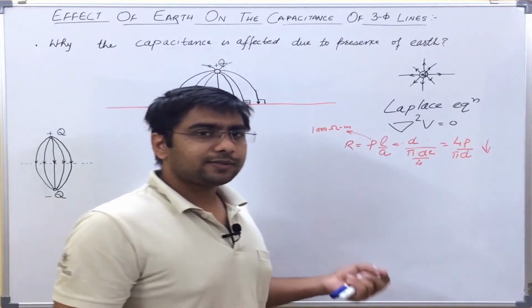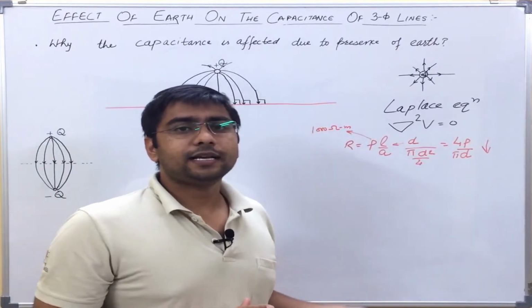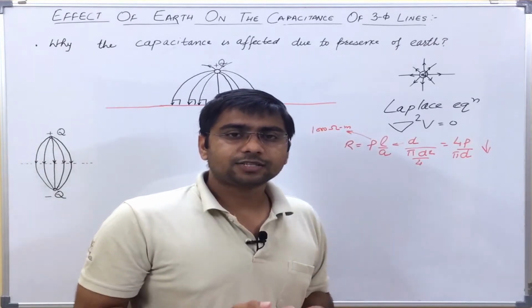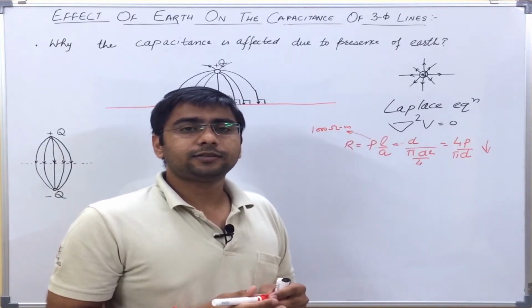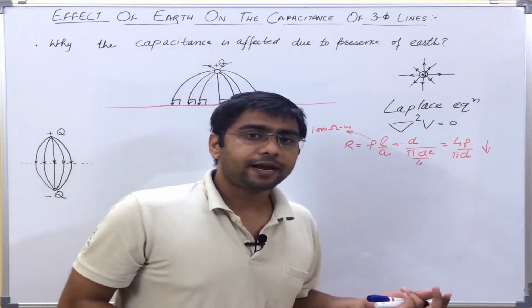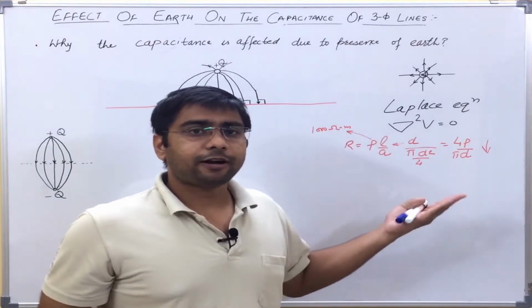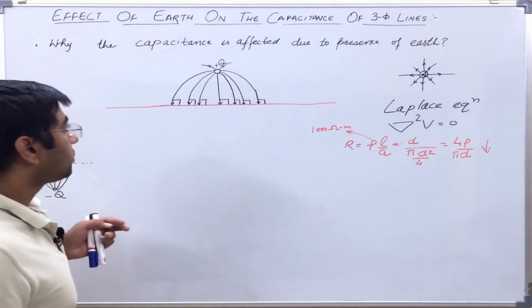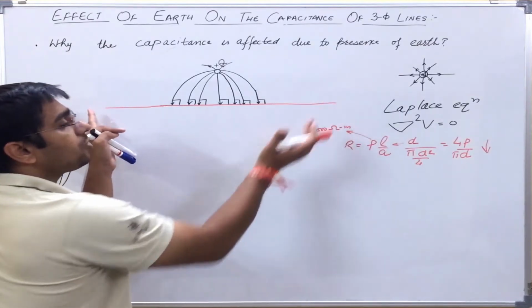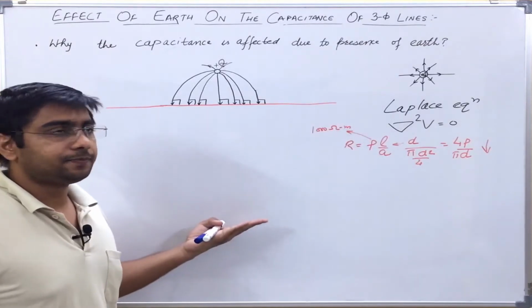So it shows that earth can be considered as a good conductor. That's why we consider earth as a conducting plane, a perfect conductor. So this plane can also be considered as earth.